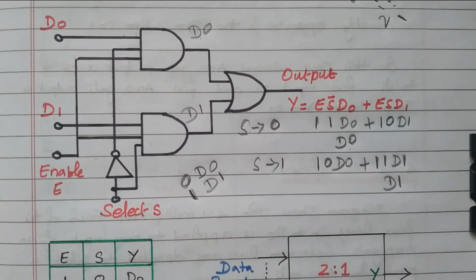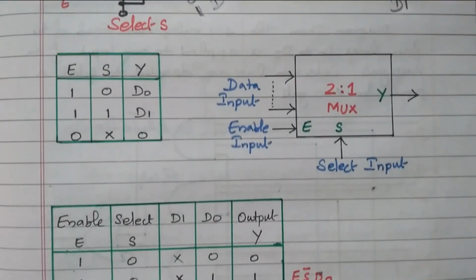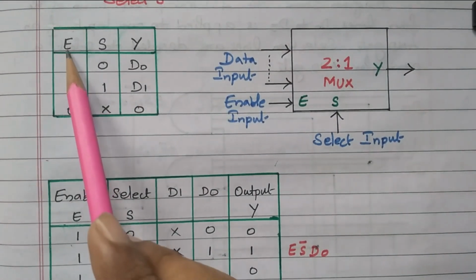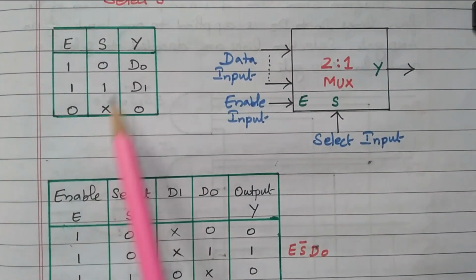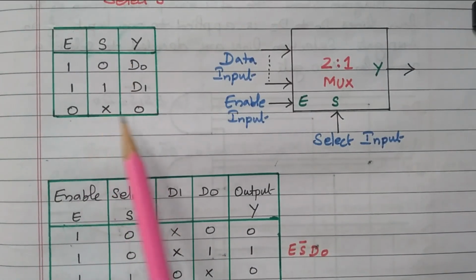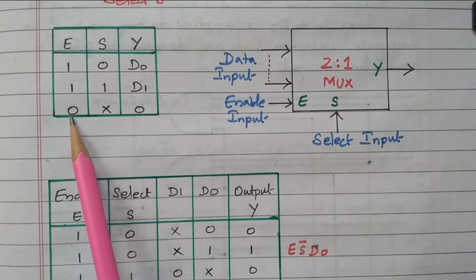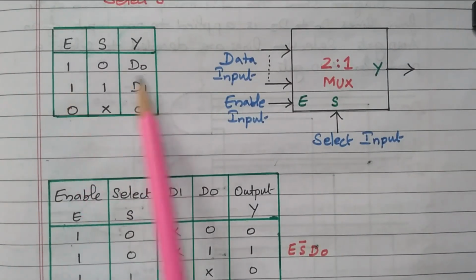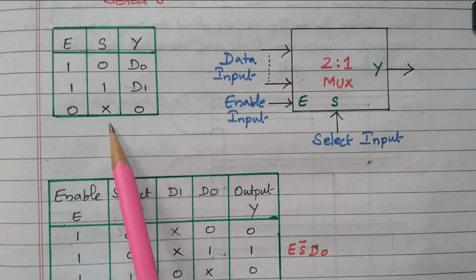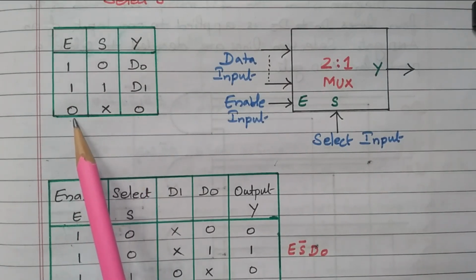Now we'll see the block diagram and truth table. So this is the enable input, selection line, output. If the enable input is 0, whatever may be the selection, the output will be 0. If enable input is 1, then only the circuit will produce the output, otherwise it will not produce. In order to control the circuit, we have the enable input.